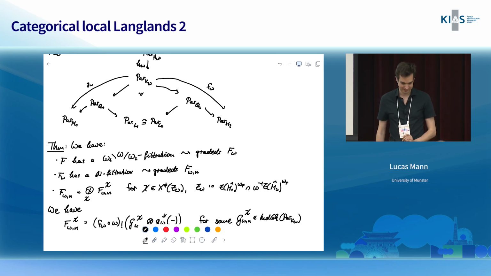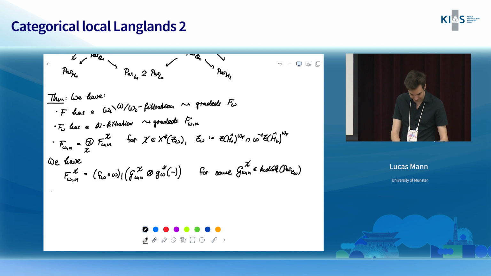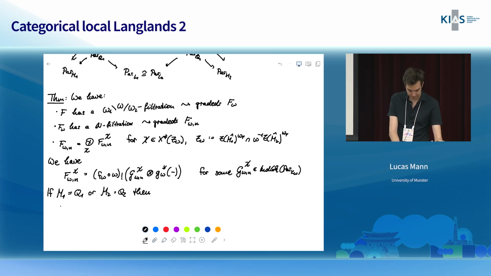But we can say something about what they look like, at least in the cases that actually matter at the end. So I need to make one more restriction, namely either M1 is Q1 or M2 is Q2. Then I can say more about these sheaves, namely, in this case, all of these G_{W,N,χ} are perfect.